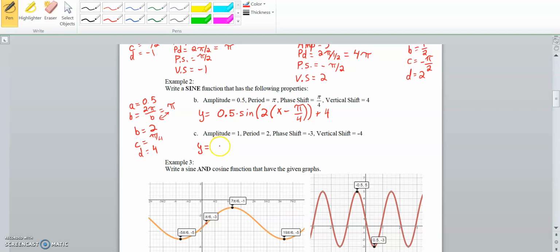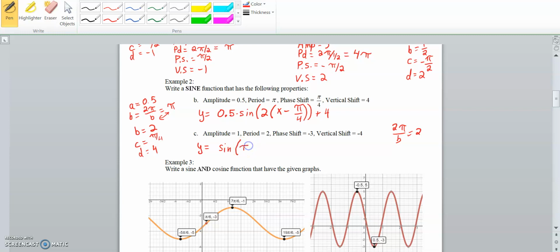Amplitude is 1, so we just say 1 times sine of, well, let's see, 2 pi over b is equal to our period. Our period is just 2. So when we flip these, 2 pi over 2 is just pi.